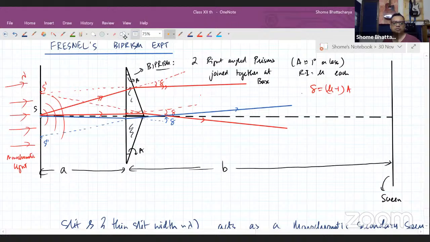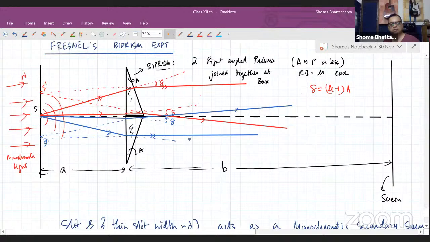Or another beam of light incident somewhere here will, after deviation, appear to be coming from... same delta for both the sides.